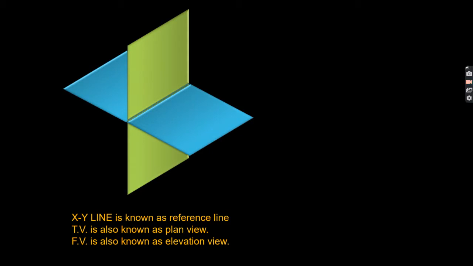Before that, we will see the coordinate system. This is nothing but the vertical plane and horizontal plane, as we have seen earlier. This is your vertical plane, this is your horizontal plane, and this is your reference line. This is your first quadrant, this is your second quadrant, this is your third quadrant, and this is your fourth quadrant.